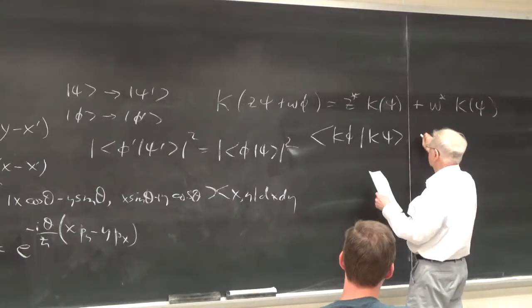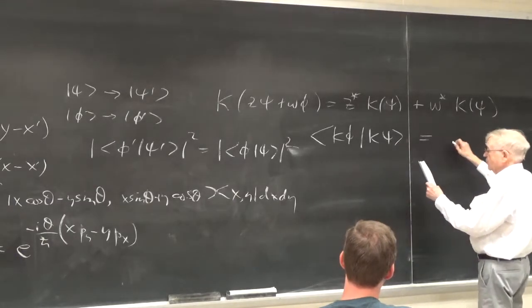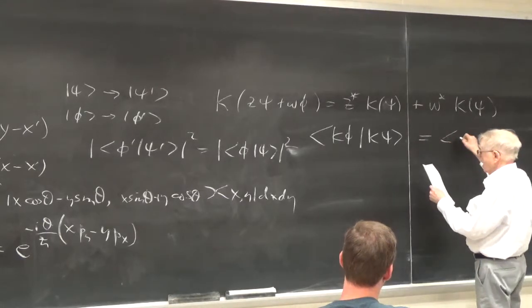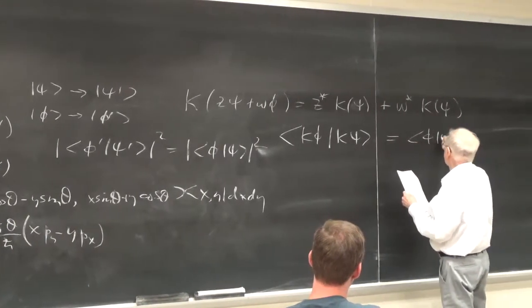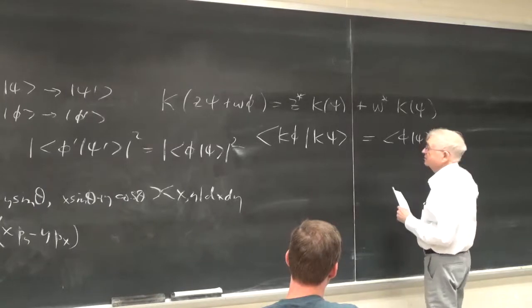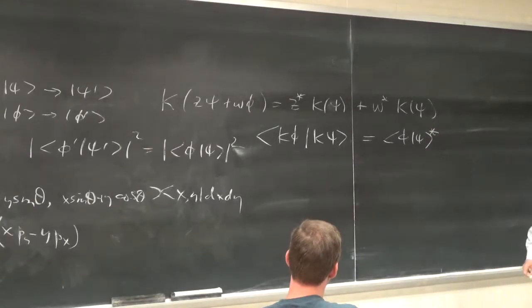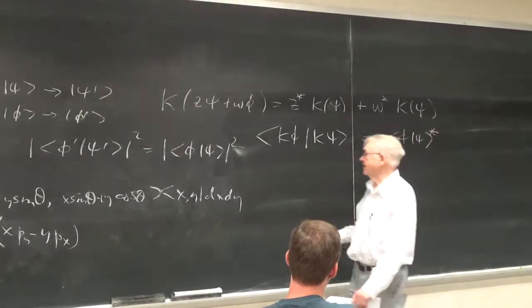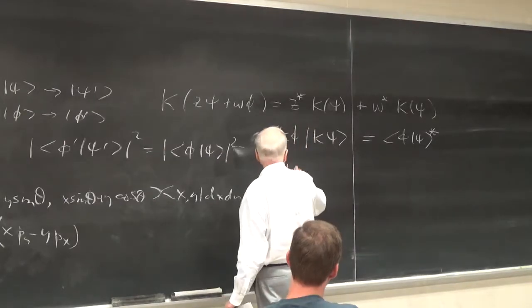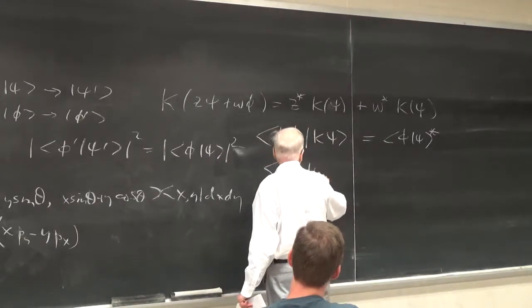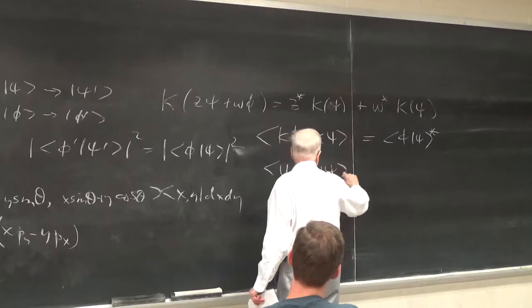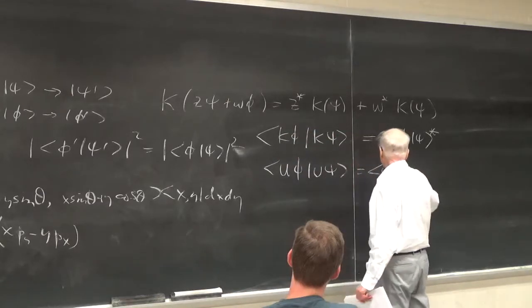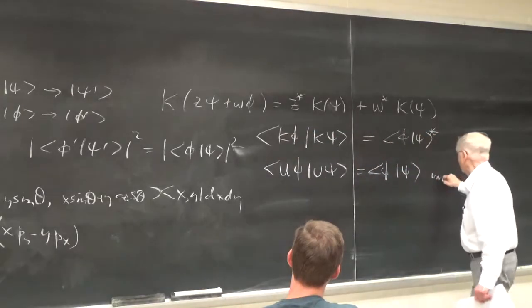Is that this, instead of being equal to phi psi, is actually equal to the complex conjugate of phi psi. So if you had a unitary operator, then you would have U phi, U psi would be equal to phi psi. This is unitary.